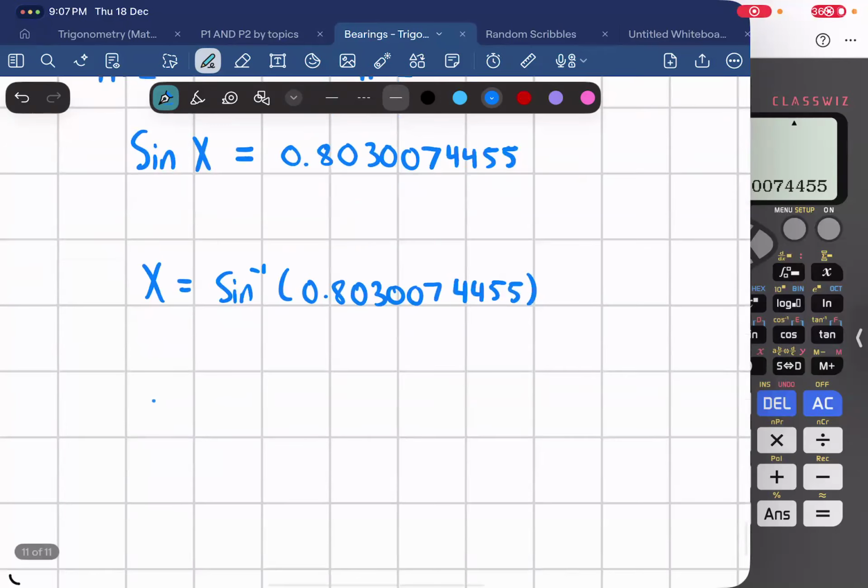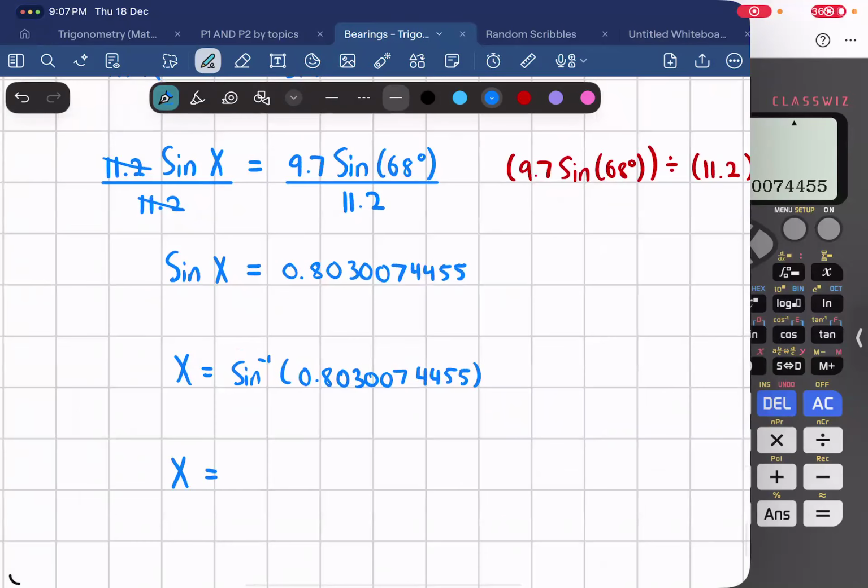How do I get that on a Sharp calculator? I believe you press second function, sine, and you should see sine minus one.